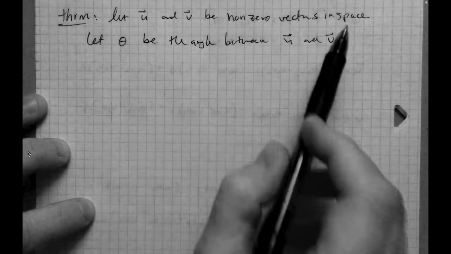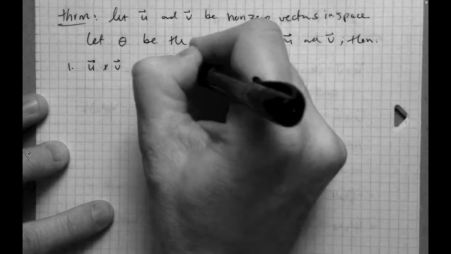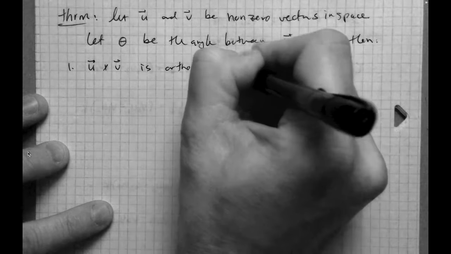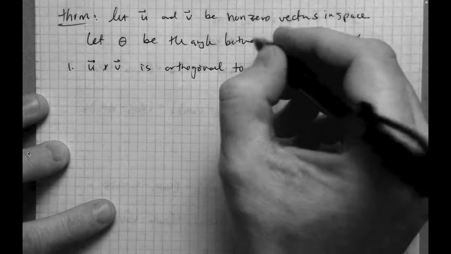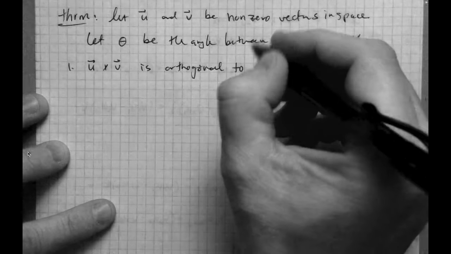Well, this one we've talked about a great deal, but let's formally state: u cross v is orthogonal to both u and v. And that's going to be based a lot on the same picture that we just talked through, but we'll get into more discussion on this in a moment.